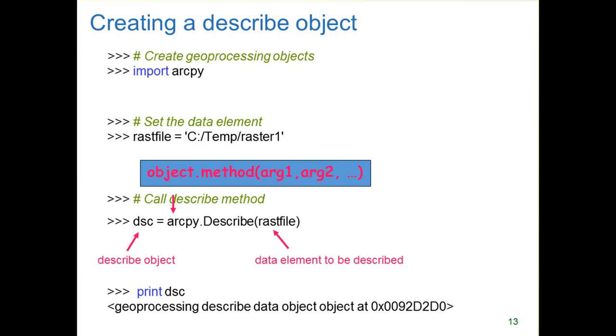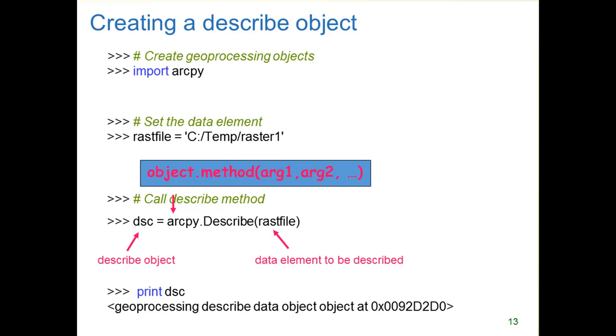If you recall from day 2 or so, or day 1, we started talking about object.method and object.property. This is the same format we're going to use for the describe object. So we say arcpy.Describe, and here arcpy is a module, and it's the object dot the Describe method, and it returns a describe object.